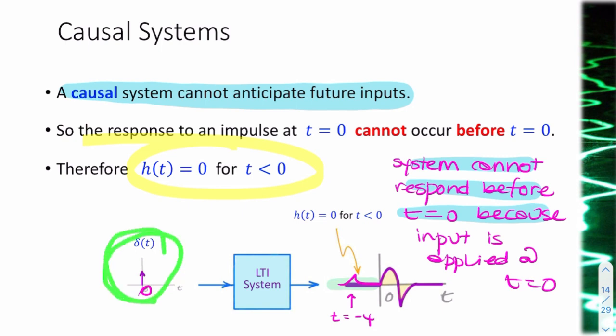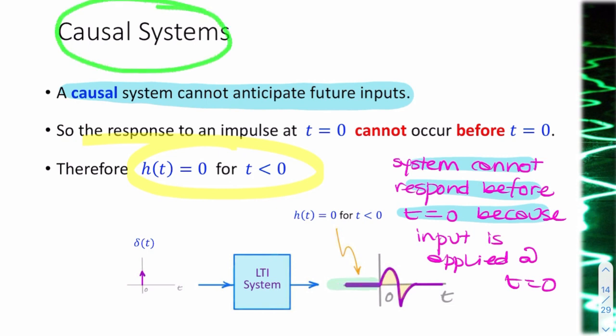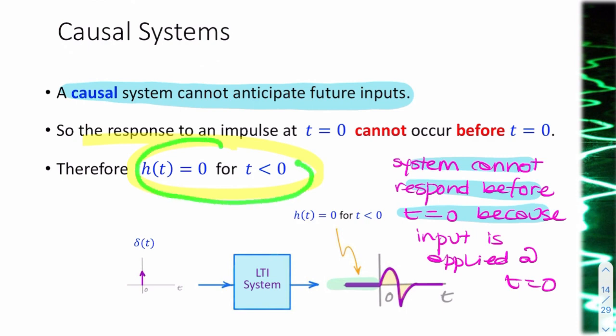This is 4 seconds in the future, so that would be non-causal. That would be anticipating future values. That is not possible. So I'm going to rub all that out. This is an important characteristic of a causal system: the impulse response for a causal system is 0 for t less than 0.